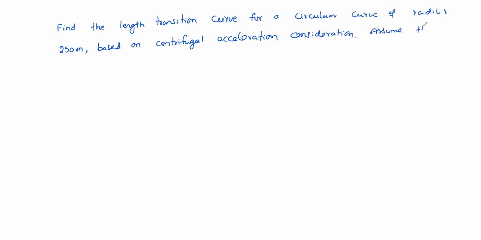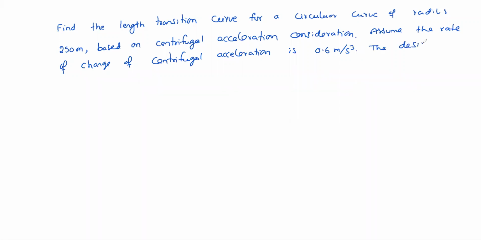Assume the rate of change of centrifugal acceleration is 0.6 meter per second cube. The design speed of road is 80 kmph. Okay.